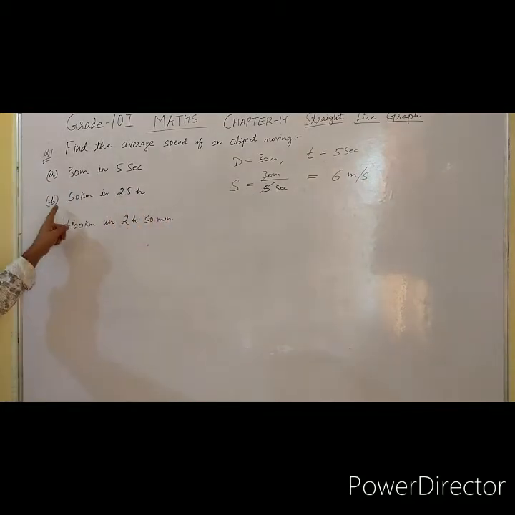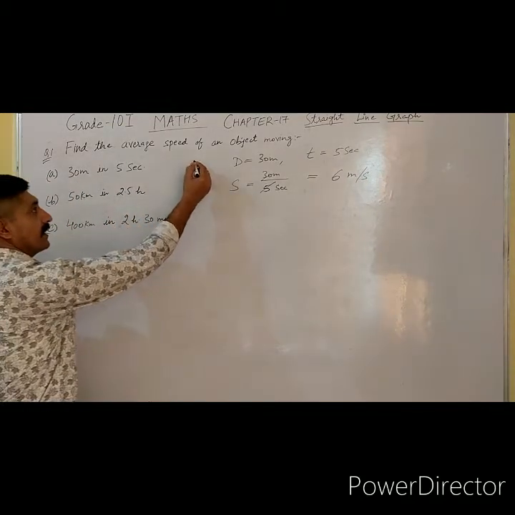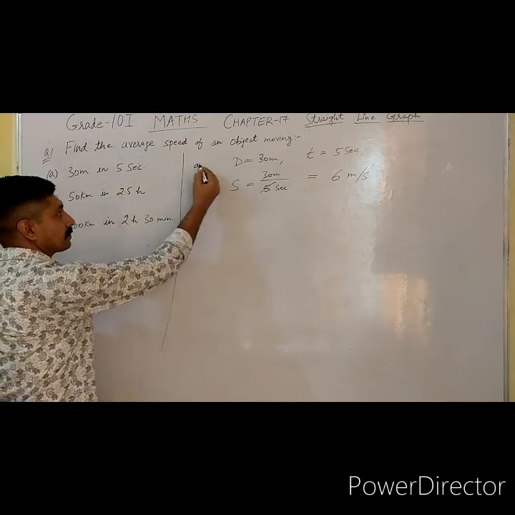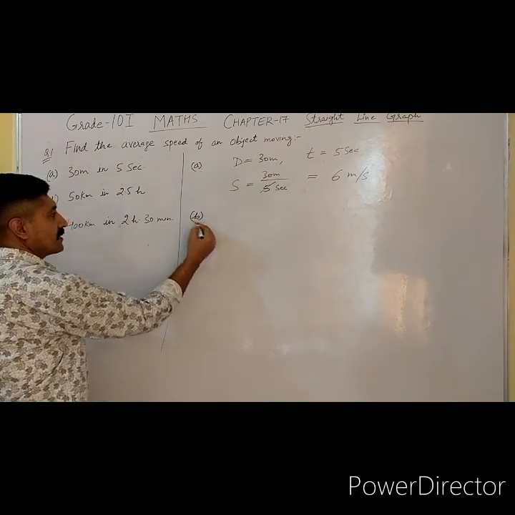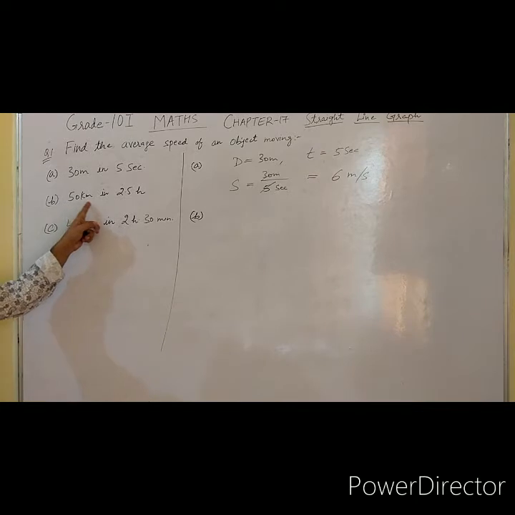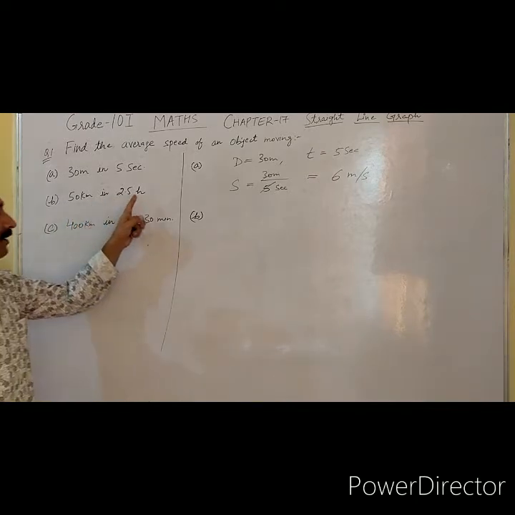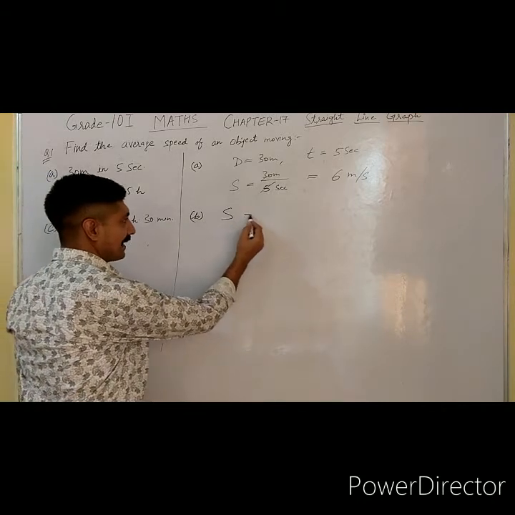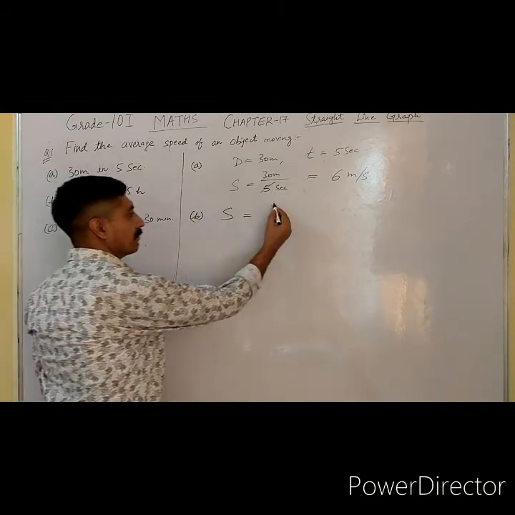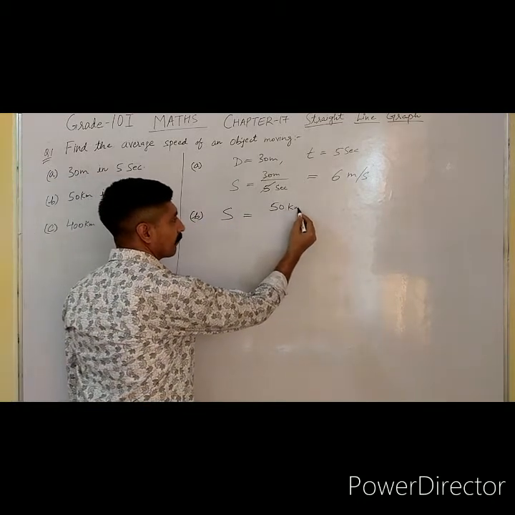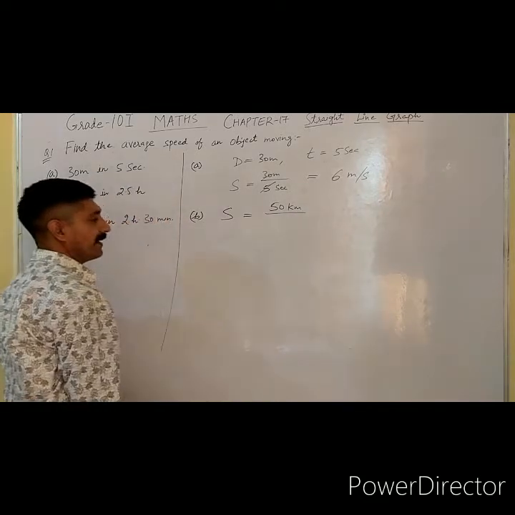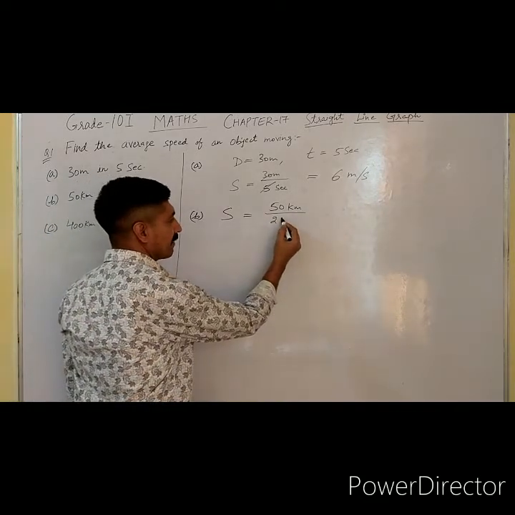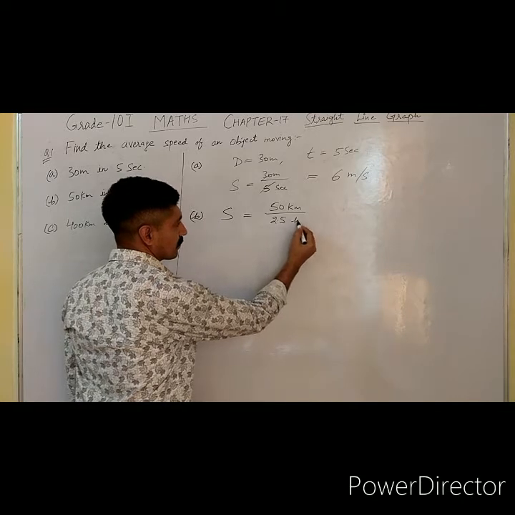Next one, B part, that is 50 kilometer in 2.5 hours. So again the speed is equal to 50 kilometer divided by 2.5 hours.